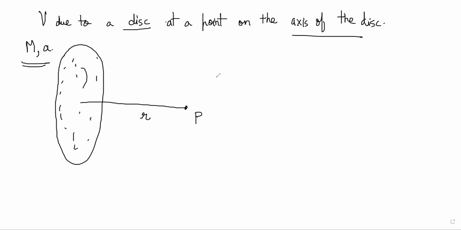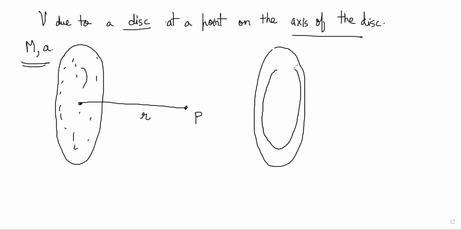Right. So in this case, how would you find out the potential? Because we had calculated for a ring in the previous case, now we can use an element that is a ring itself and find the general distance for that element ring and integrate that. So we'll say this is x, and let's say the thickness is dx.